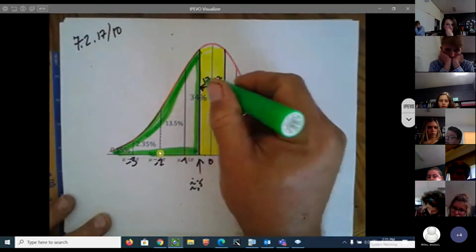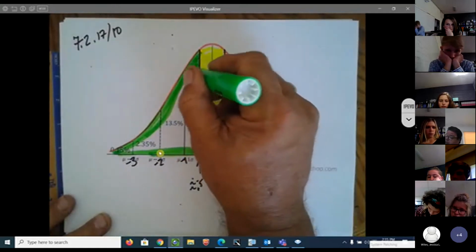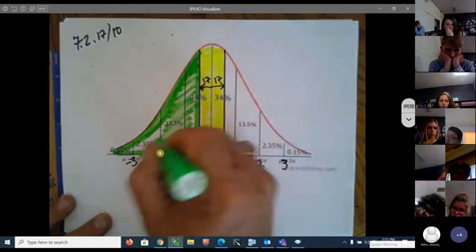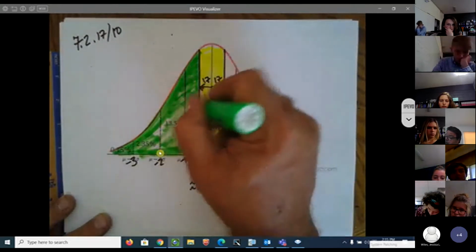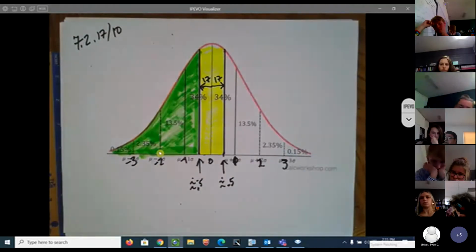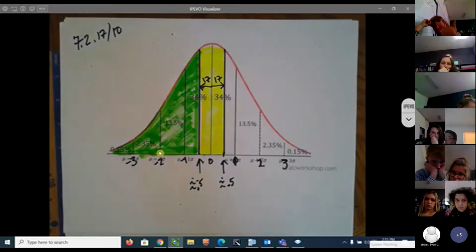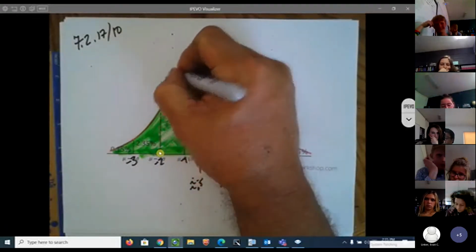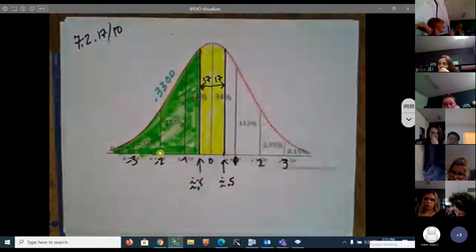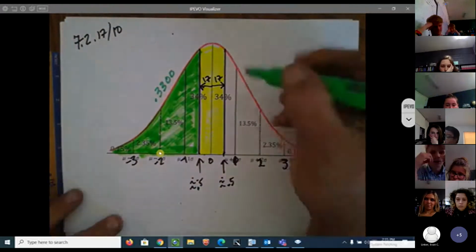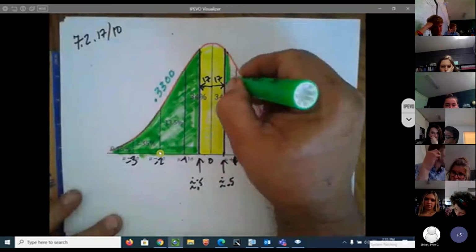If the yellow area right here is 17%, then what is this green area? 33%. It's 33%. And that means this green area over here is 33%.